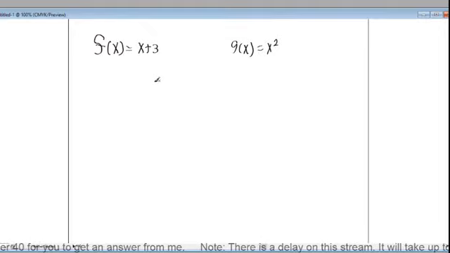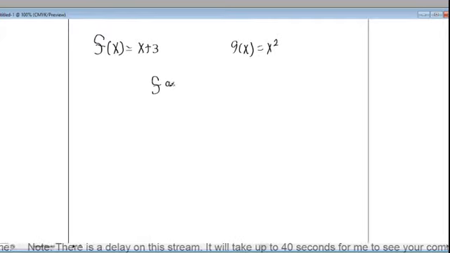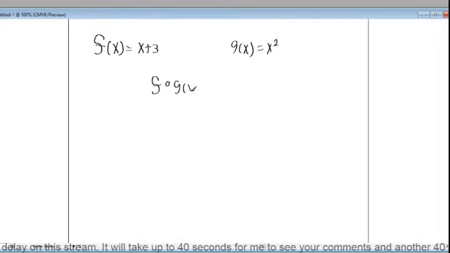Now this means something completely new. So if you see something like this, f, and then an open circle, that means f composed of g of x.